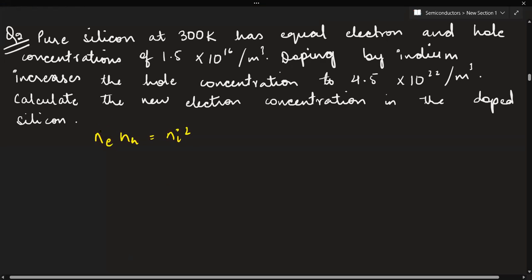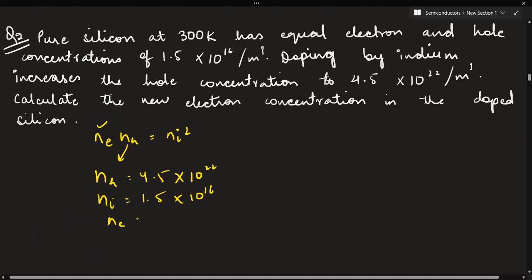So see, we have to calculate the number of electrons. We already have the number of holes, given as 4.5 into 10 to the power 22. Intrinsic concentration means the concentration of electrons and holes before doping. That was the intrinsic concentration only, given as 1.5 into 10 to the power 16.